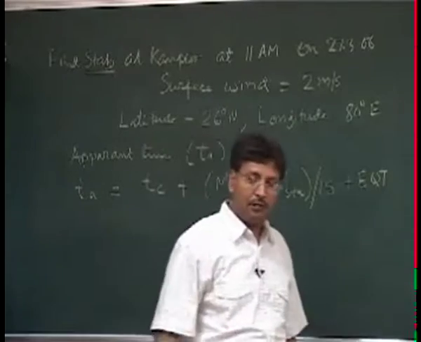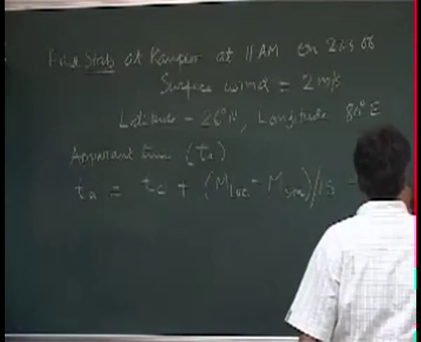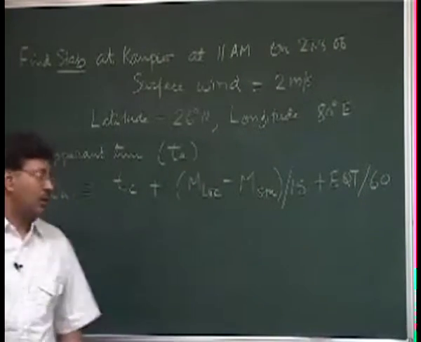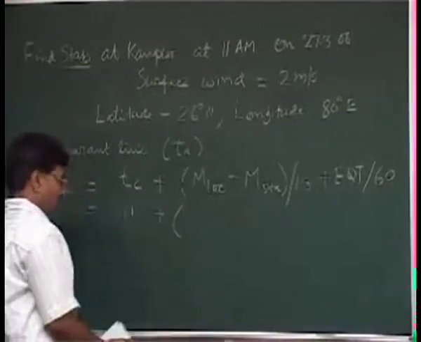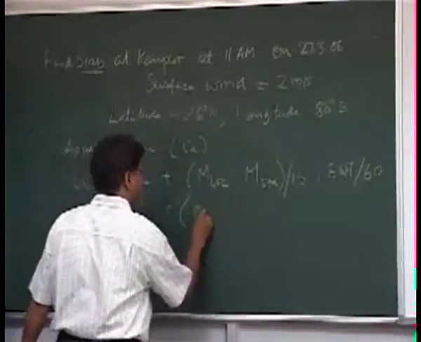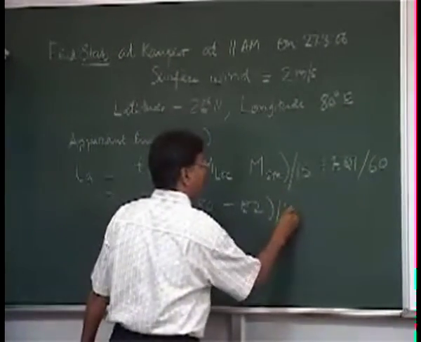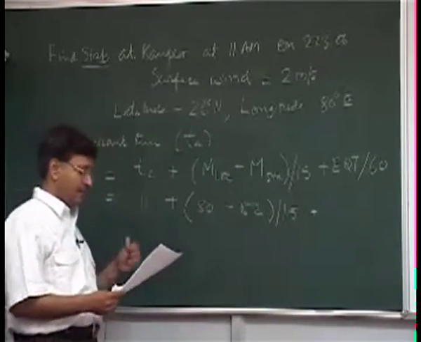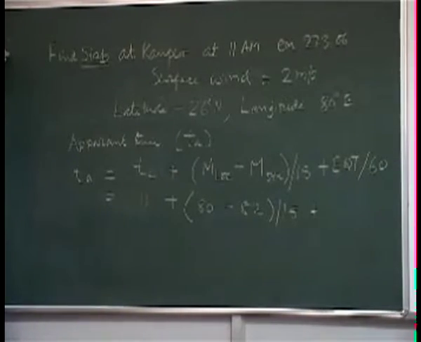If you recall, the equation of time was in minutes, so divide by 60. So I write here 11 plus (80 minus 82) by 15, plus the equation of time, which I'll calculate here to make things clear.